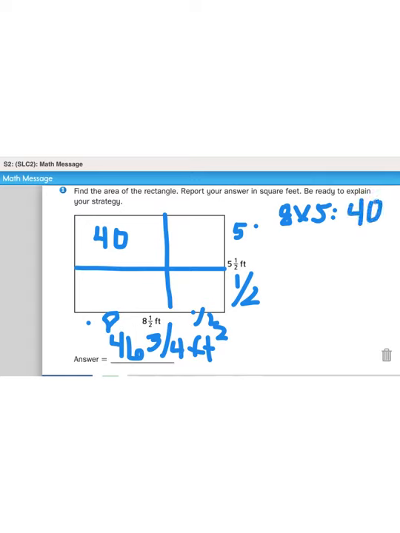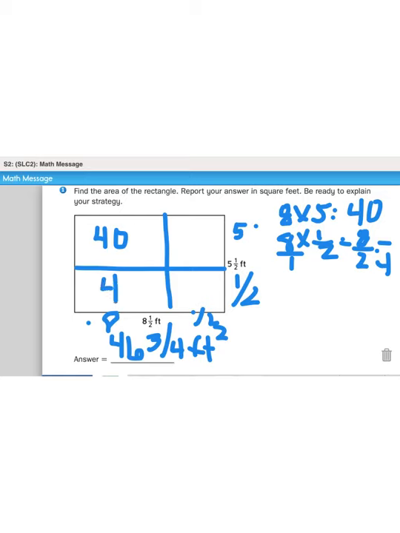Then we could have multiplied 8 times 1/2, which means put the 8 over 1, multiply straight across, numerators and denominators. So it would have been 8 divided by 2, which is equal to 4. So the area of this square is 4.